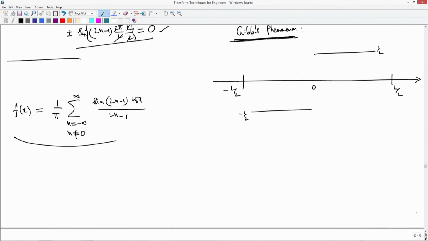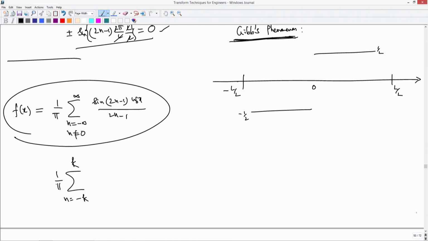When you have a Fourier series like this, you take only finitely many terms, for example n from minus k to k, with 1 by pi n for n not equal to 0, and you try to plot this Fourier series for k, let us say, 10 terms, 20 terms and bigger.